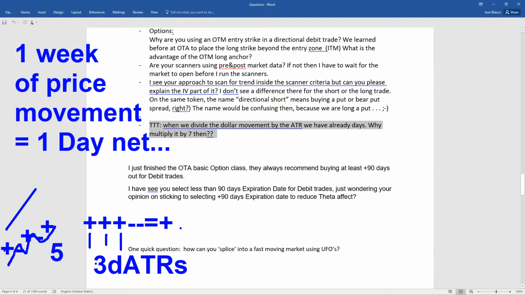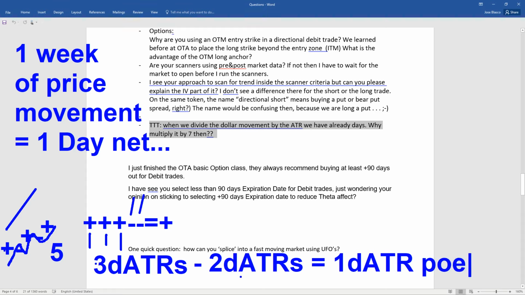But then you got negative daily ATR, negative daily ATR, in other words, minus 2 daily ATRs. This is giving you a net of 1 daily ATR per week. That's the calculation. And how many days a week? 7. So that's why we multiply times 7.